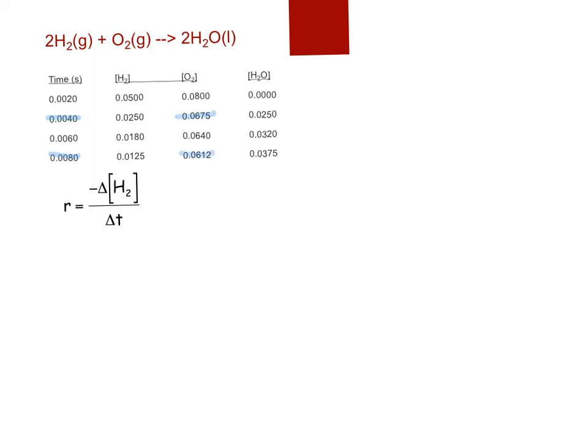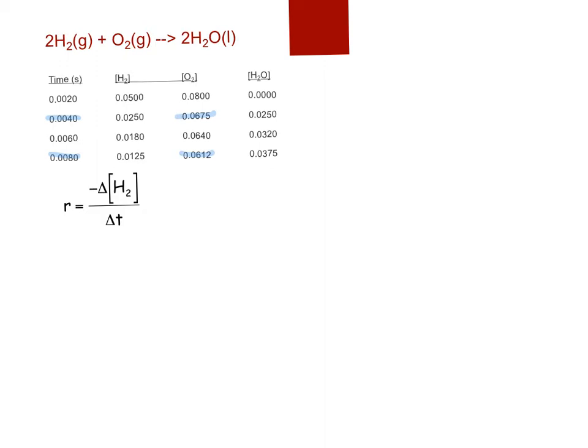Rate is change in concentration over time. The change in concentration is always going to be final minus initial.